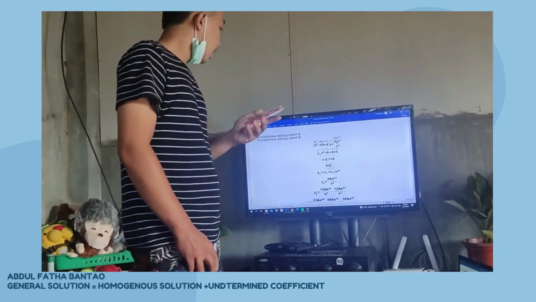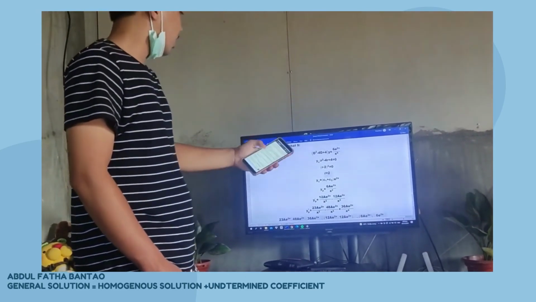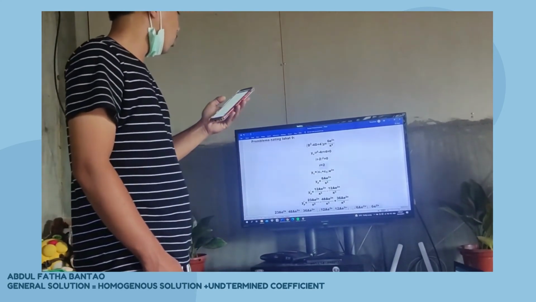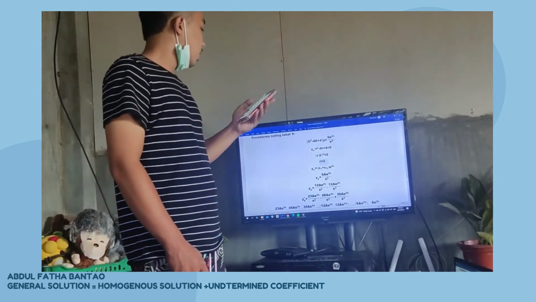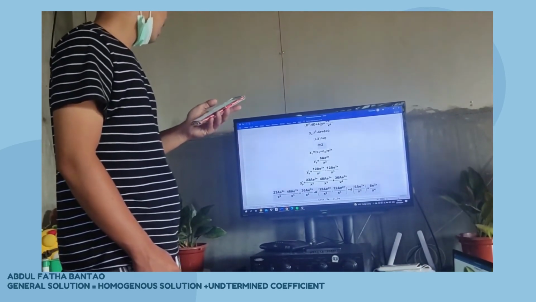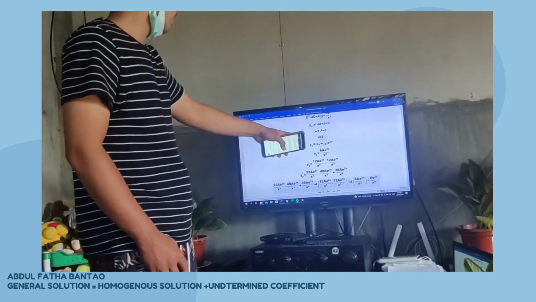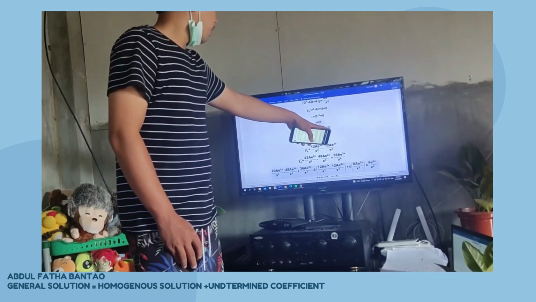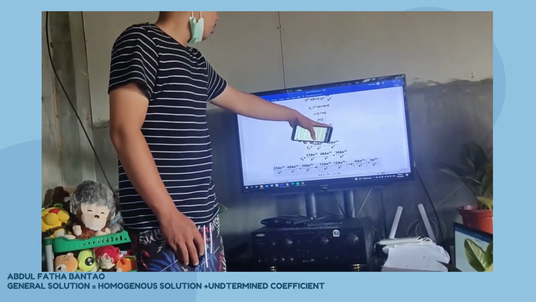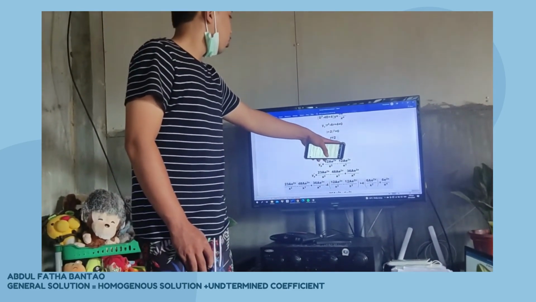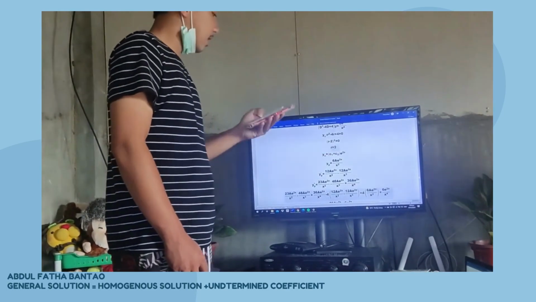Next, let's proceed to the particular solution using the form of y sub c equals c sub 1 plus c sub 2 multiplied by x, times e to the power of 2x.